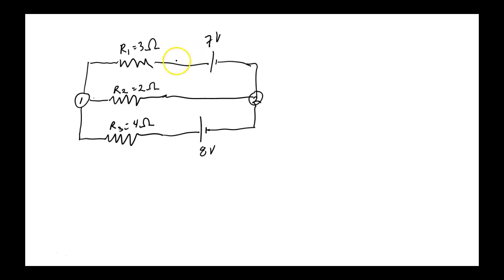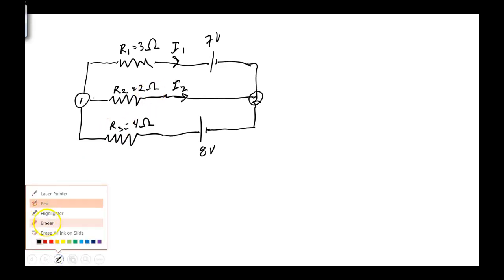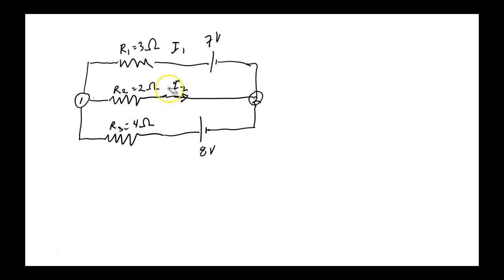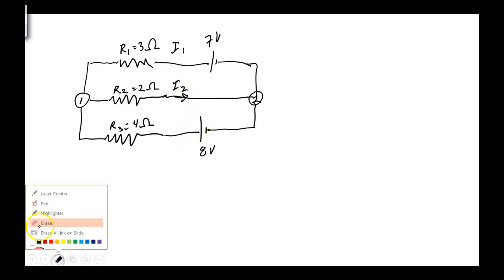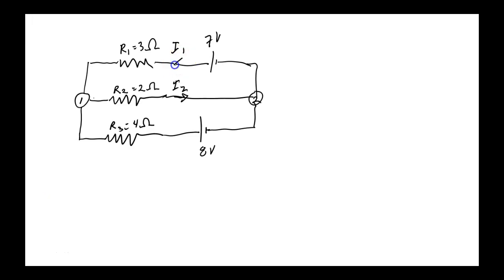This, they're saying, is current I1, this is current I2, and this is current I3. This is current I1. Now that makes sense because you have the positive pole of the battery here, and that means it pushes the current this way.